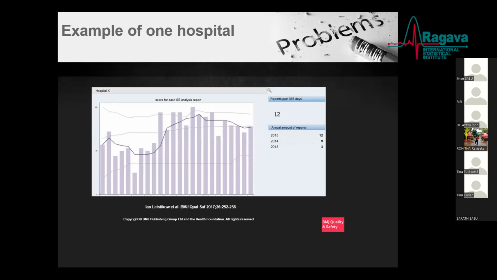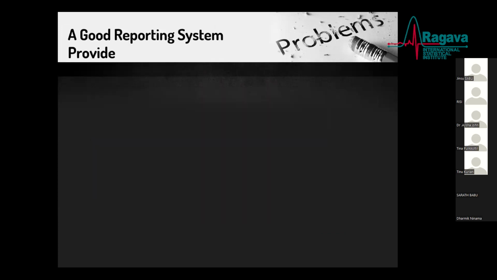And if you see the national average, the hospital was below the national average, and then at a period of time, they increased their average score. So learning from sentinel events is just one of the main activities needed to improve patient safety. And the score we assign to the quality of a sentinel analysis report is not a measure. But again, every hospital needs to focus on incident reporting as a learning tool.